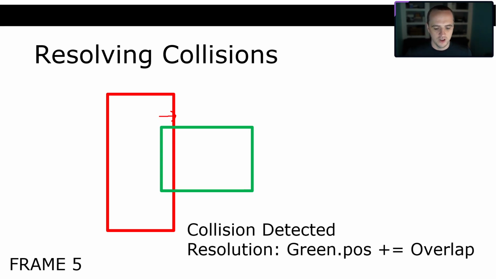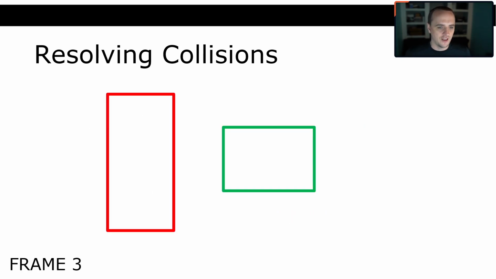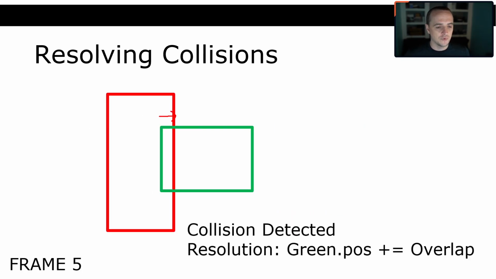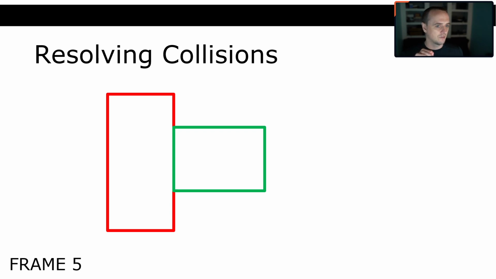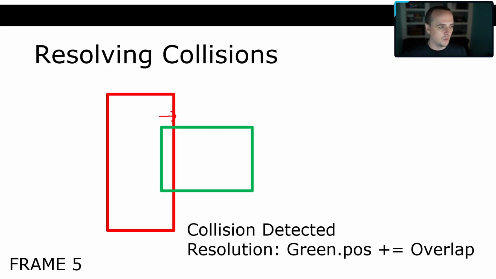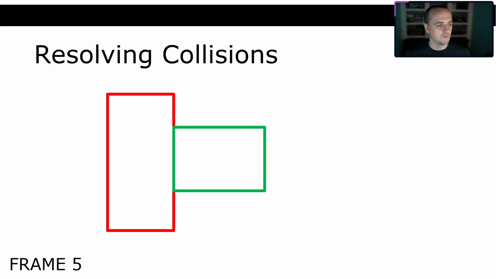So see how that works? I've gone left, left, left, left, left. Oh, there's an overlap. No, push that guy back out, okay? So at some point, for a split second in our game engine, we're going to detect the overlap, but then before we render the next frame, we're going to resolve the collision by pushing the player back out of the wall.